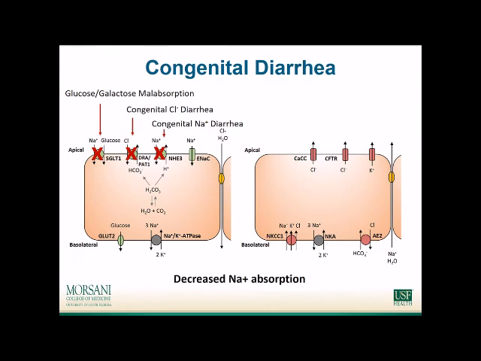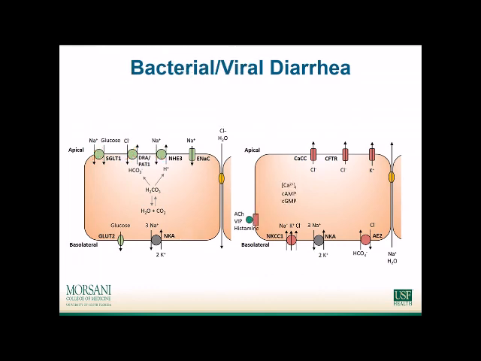But we can also look at bacterial and viral diarrhea. Depending on whether we're talking about bacteria like cholera or viruses like rotavirus, there are different mechanisms. One thing that is important to realize is there are lots of intracellular messengers that regulate expression of these channels, as well as the transporters in these more absorptive type cells.